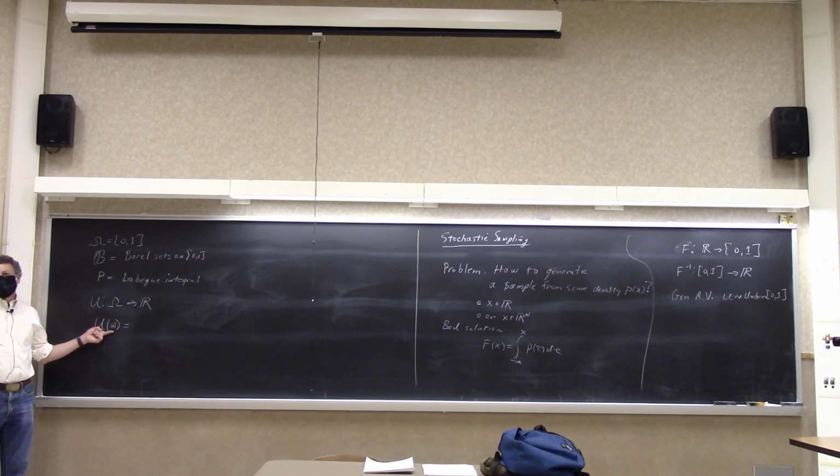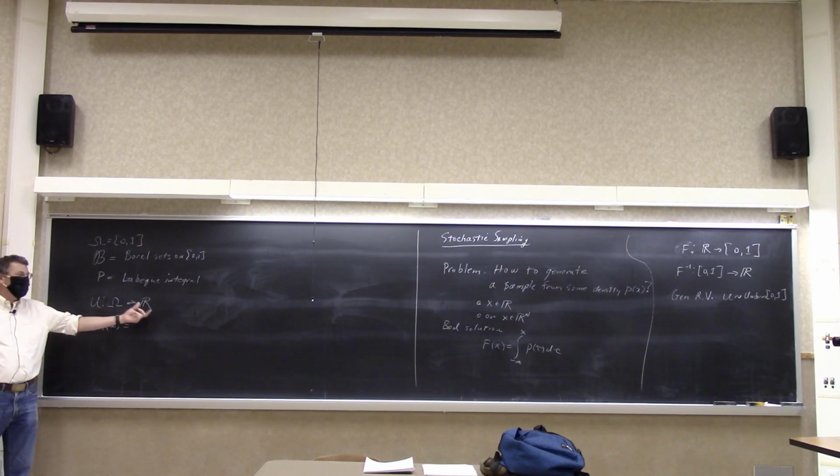It's even hard to say. So what is U of omega? By the way, what is omega? Omega is a point in here. So the random variable takes on a value. The random variable is a function from the probability space to R. So in this particular case, what's the obvious choice that makes this the uniform random variable that I want?